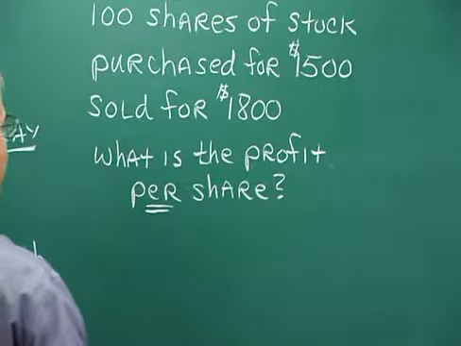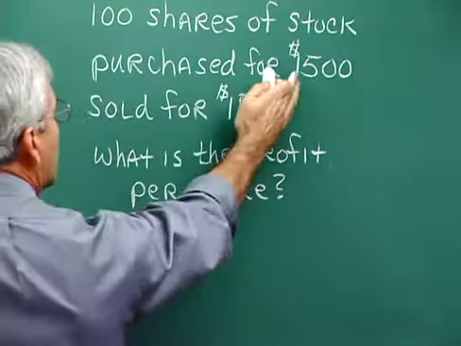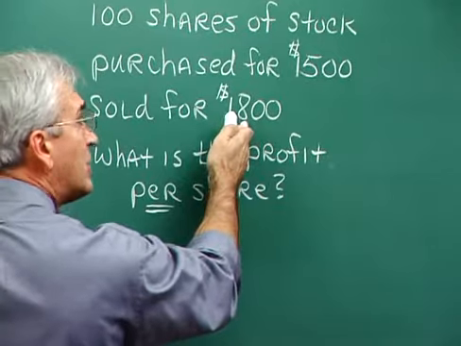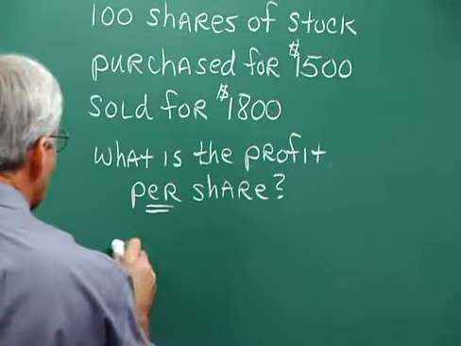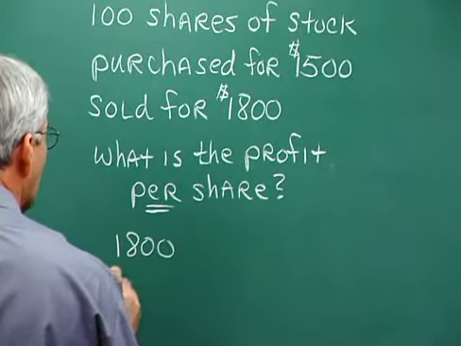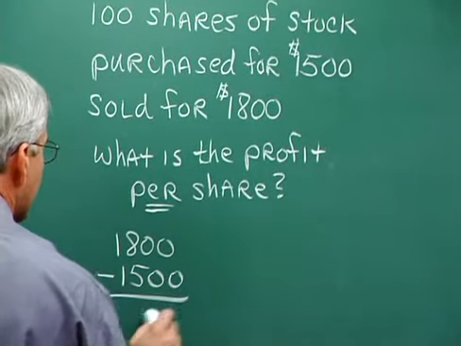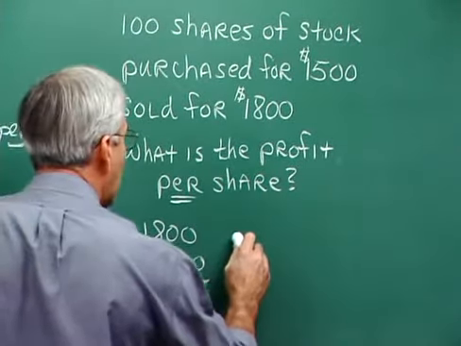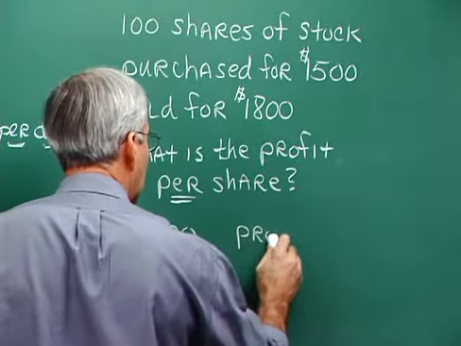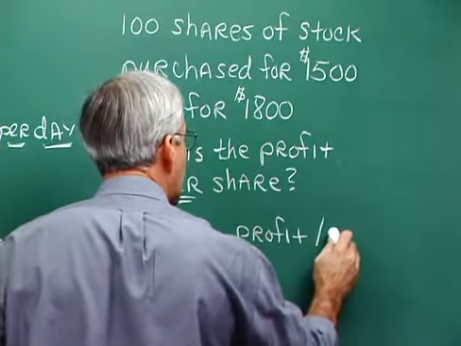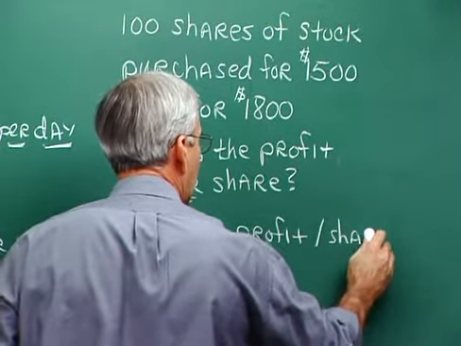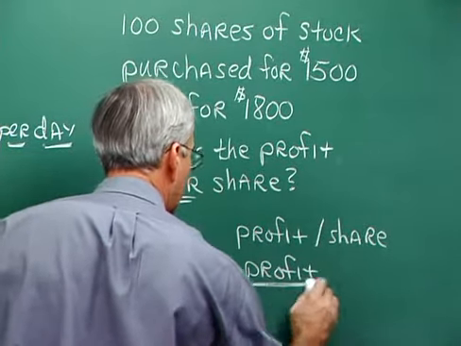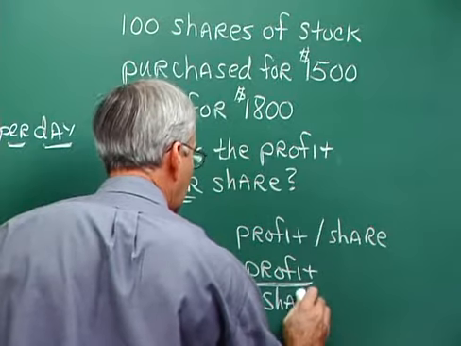Let's calculate the profit. Let's see, the purchase price was $1,500, the sale price was $1,800, and the difference between those two would be the profit. So we take the $1,800, we subtract $1,500, that's $300, and that's the amount of the profit. Now, when we talk about profit per share, we think of profit per share like this.